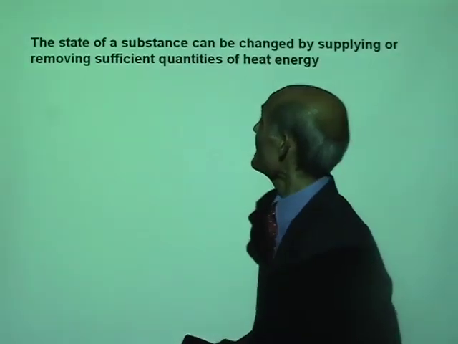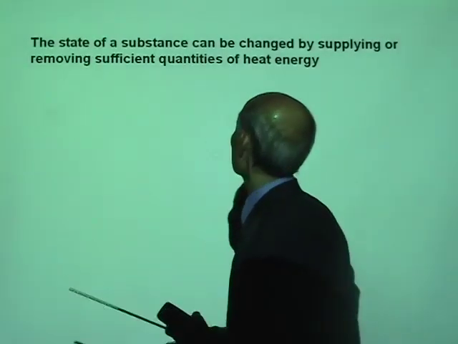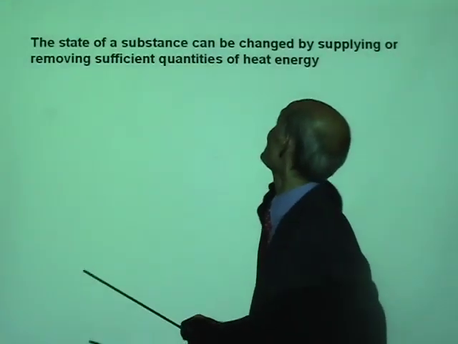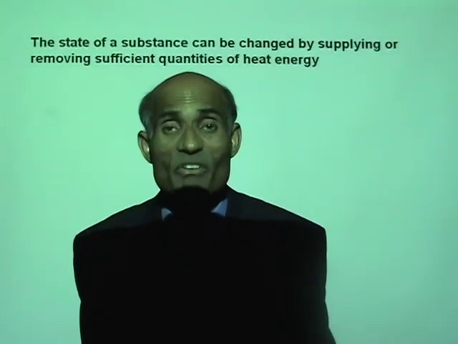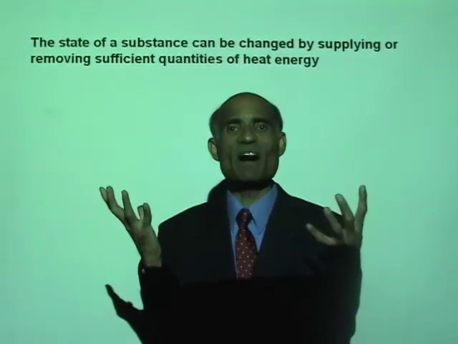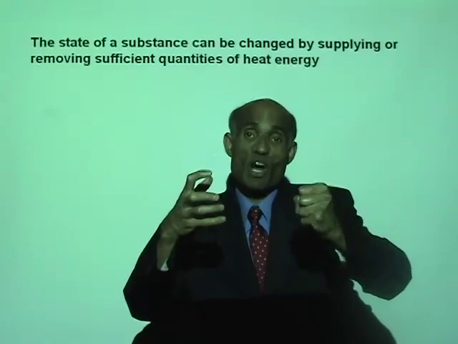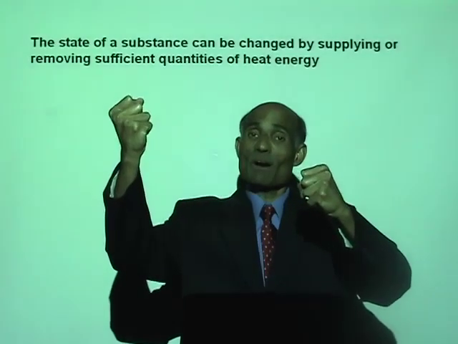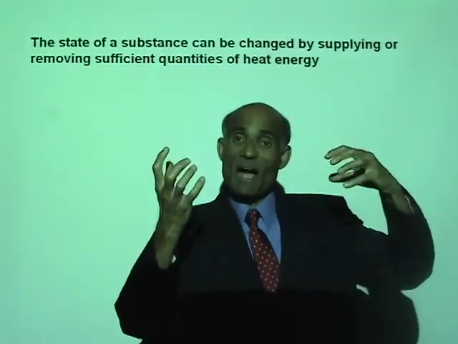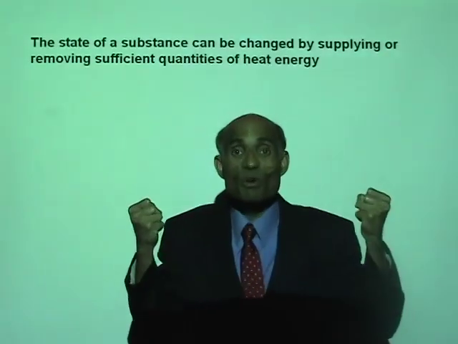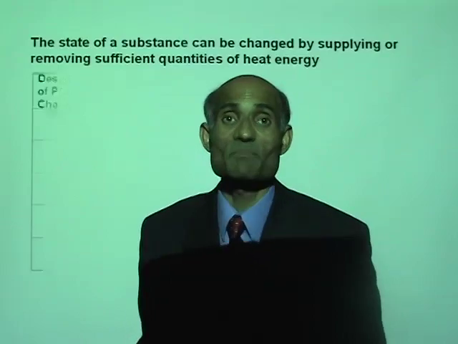Okay, the state of a substance can be changed by supplying or removing sufficient quantities of heat. So by our discussion so far, now you know the state of a substance, solid, liquid or vapor, can be changed by either supplying additional heat or by removing heat from the substance.